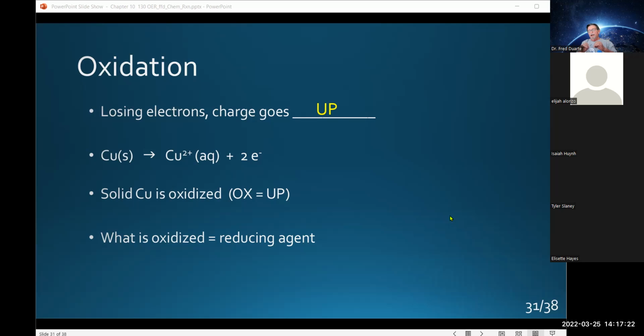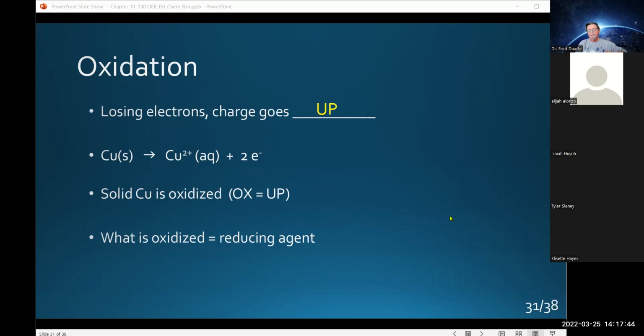So solid copper is what is being oxidized. When you identify who is being oxidized, then it also has an additional name, being that the species that lost the electrons is now classified or named the reducing agent. Why?